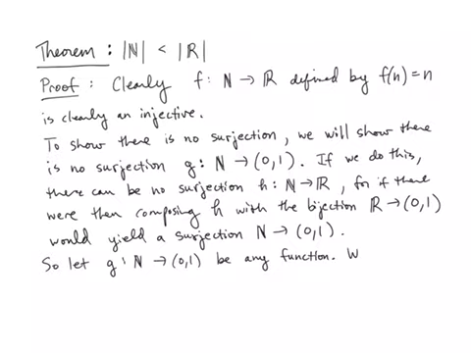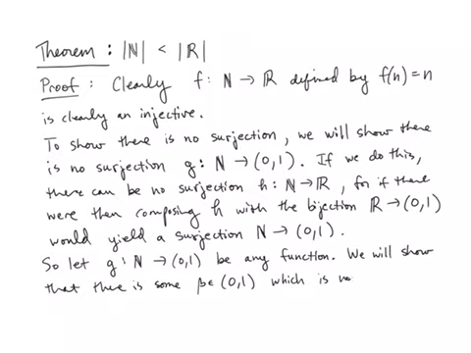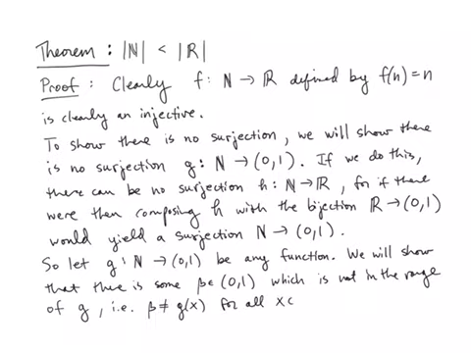We will show that there is some beta in this interval (0, 1) which is not in the range of g. To remind you what that means, beta doesn't equal g of x for all x in the natural numbers.